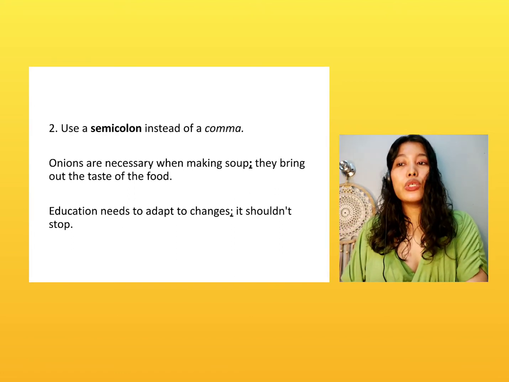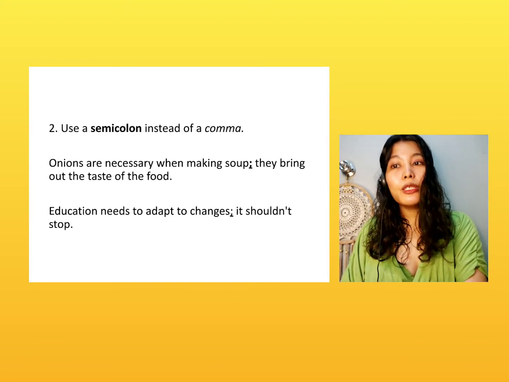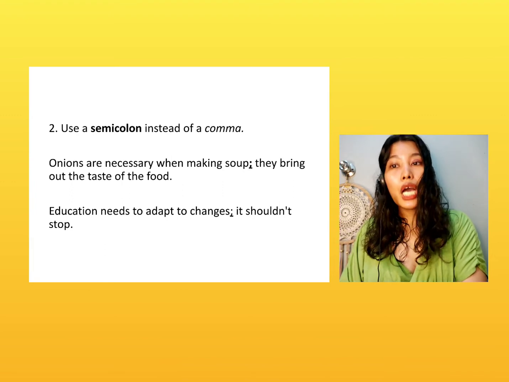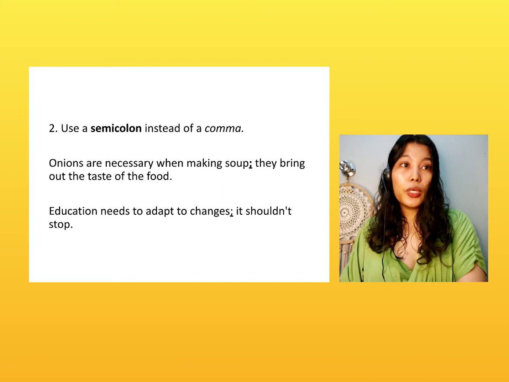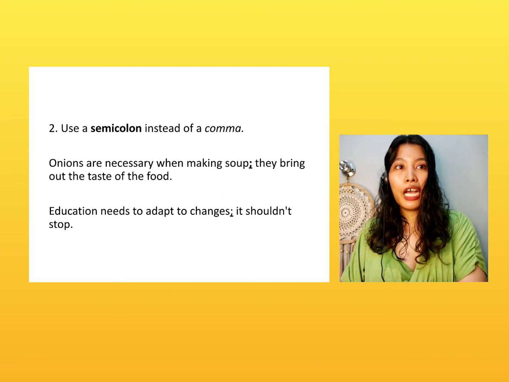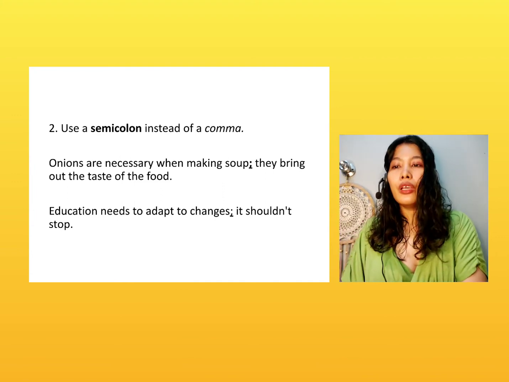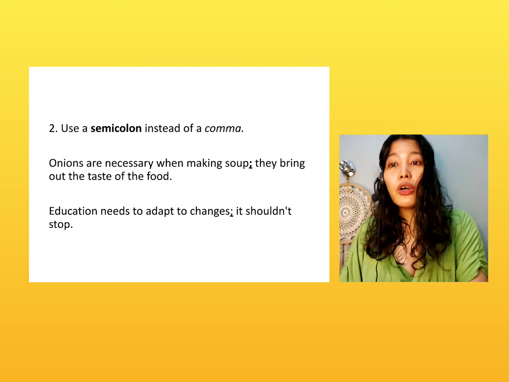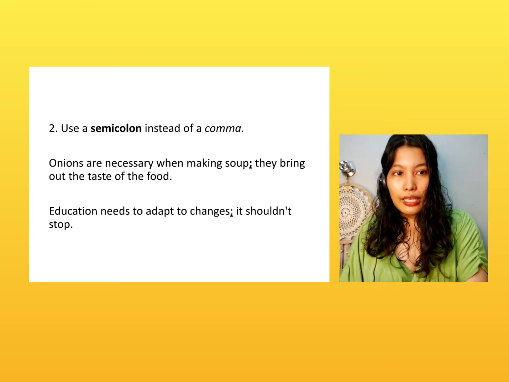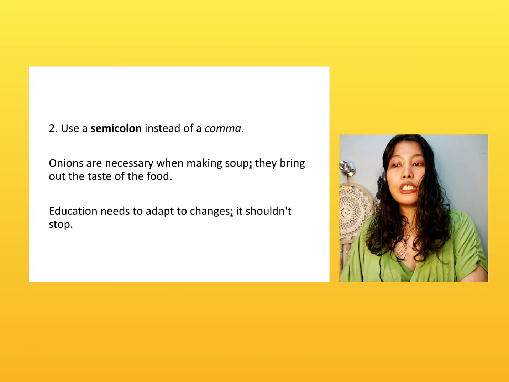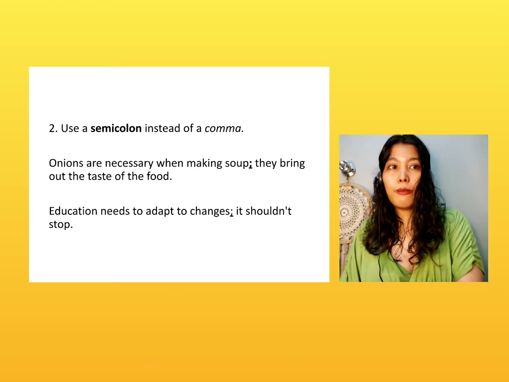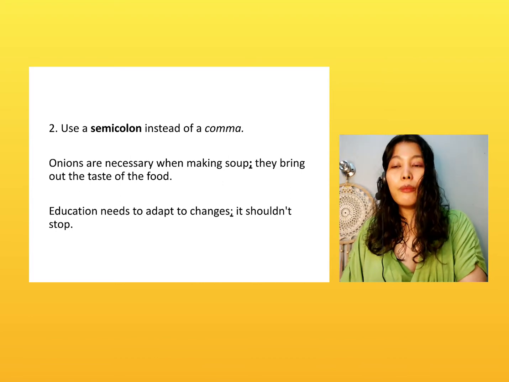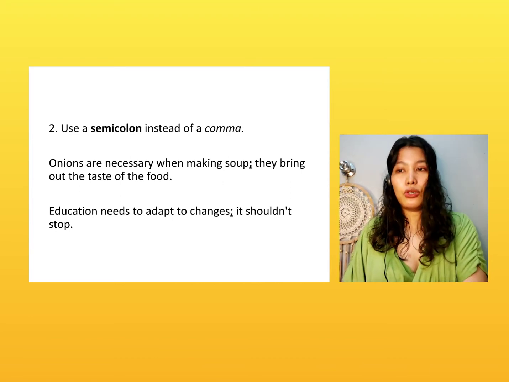The second is to use a semicolon instead of a comma. Unlike a comma, a semicolon can join two independent clauses, like a period. A semicolon is the one that you can use, but it means that there exists a close relationship between your first independent clause and your second independent clause.